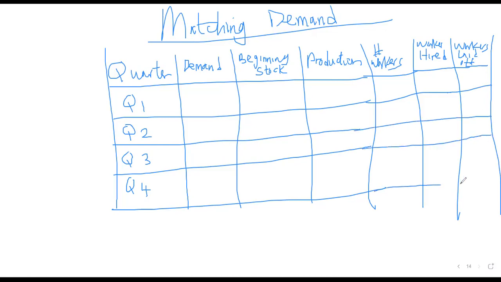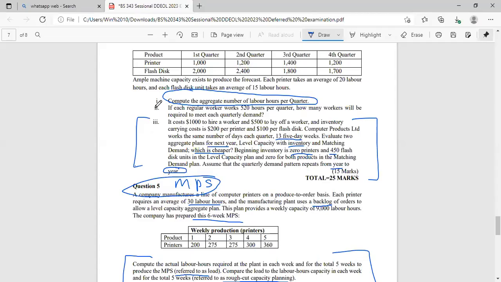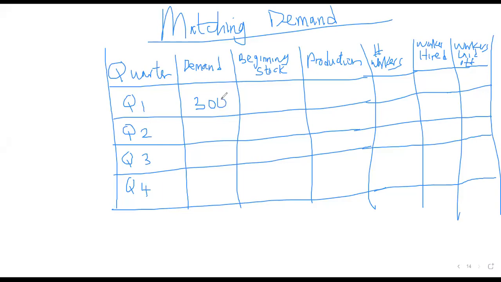So our demand, the total aggregate demand for these products is 3,000, which is 1,000 plus this. We have the demand of 3,000.